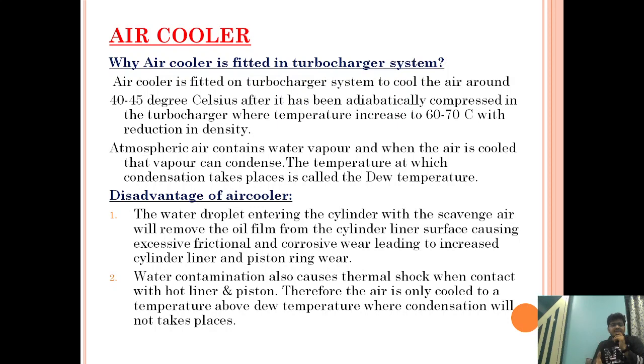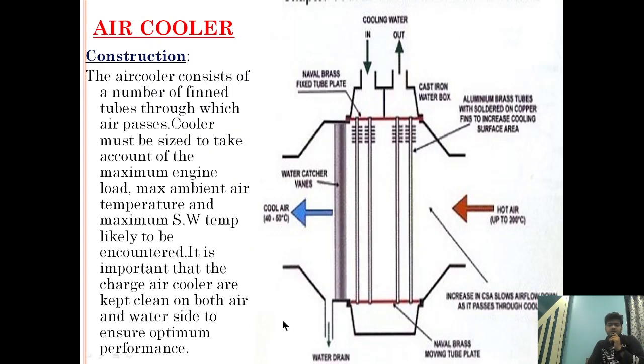Because as you know, the temperature of the air is being reduced from 200 to 45, the water vapor inside the air is getting condensed, and the temperature at which this happens is called the dew point. Now if somebody asks, okay, I will not fit this water mist catcher, what will happen? Let the water go to the engine, what will happen?